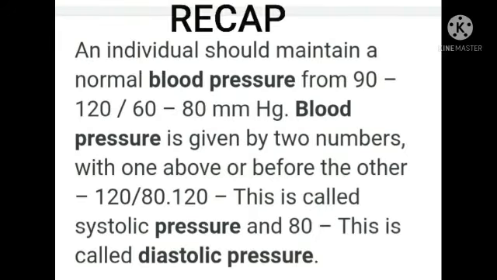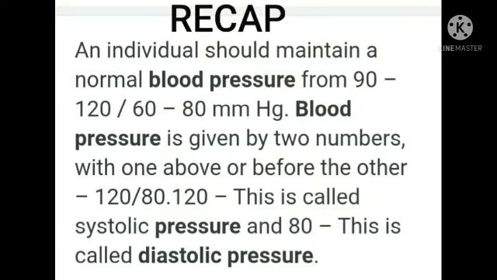Okay children, now let us know about what we have learnt in this class. An individual should maintain a normal blood pressure from 90 to 120 by 60 to 80 mm of Hg. Blood pressure is given by two numbers with one above or before the other, that is 120 by 80.